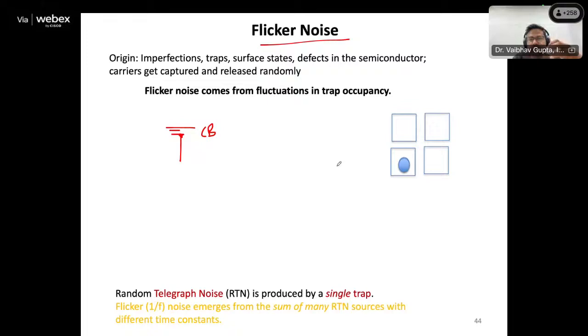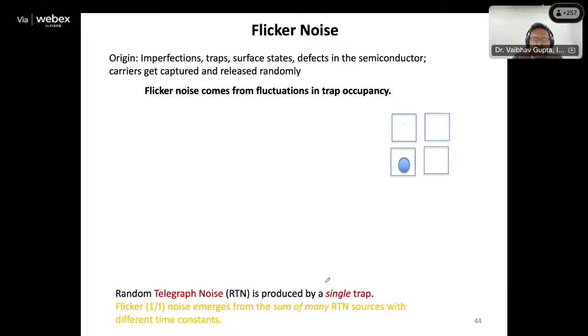Because of this fluctuation you have changes in your current, because you have changes in the trap states. Charge gets stuck here, and when it comes out of the trap it contributes to the current and your current will spike. As soon as the charge gets stuck there will be a dip in your current. Once it gets free, you can suddenly get an enhancement in your current value.